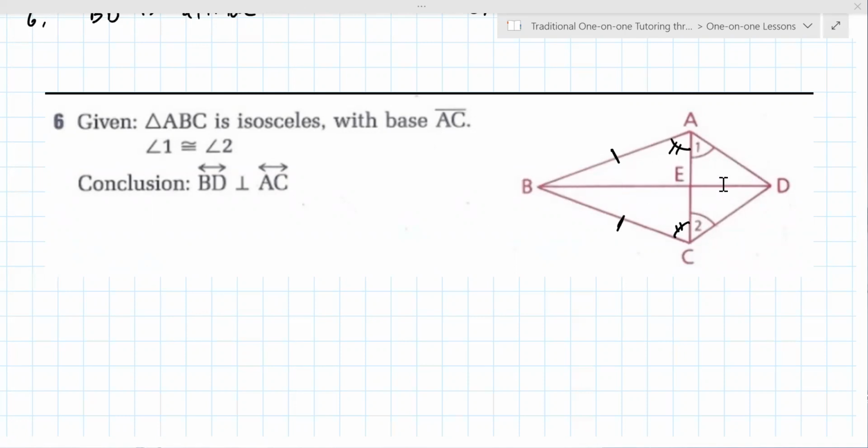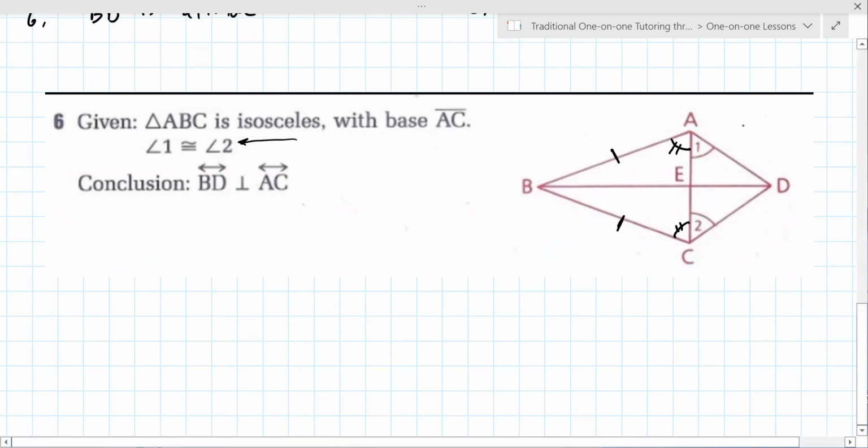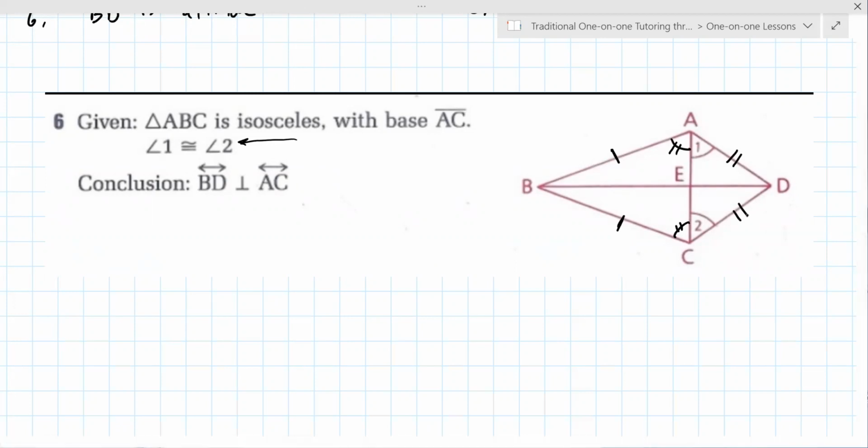Can you do reflexive property with BD? Yes, absolutely. And actually, we're going to use that to probably prove the whole triangles are congruent. But what I missed here, since angle 1 is congruent to angle 2, that also means that AD is congruent to CD.